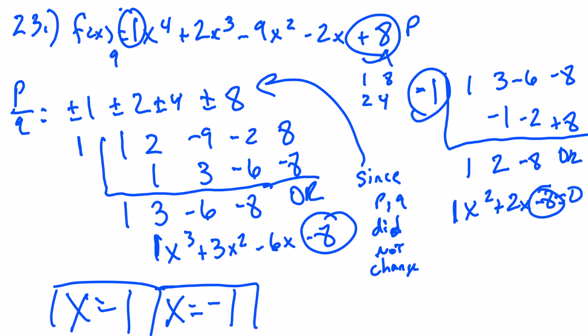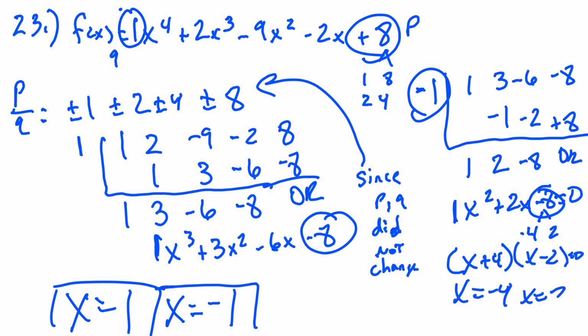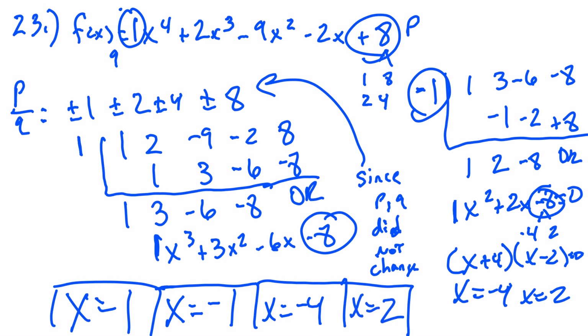I could find a new P and a new Q, but I'm going to factor that into negative 4, positive 2, so I get x plus 4, I'm sorry, x minus 2, so x is equal to negative 4, x is equal to 2. So those are my final answers. X equals negative 4, x equals 2. And I'm done.